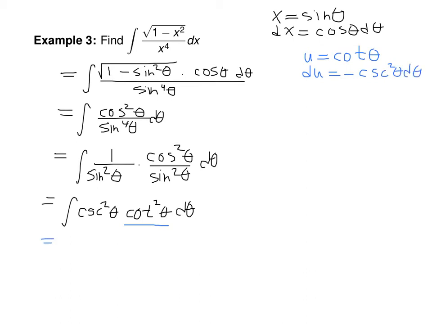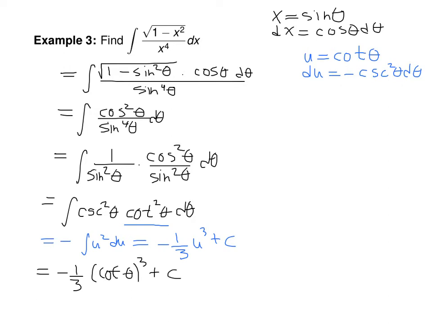So this can become negative the integral u squared du, which is negative 1/3 u to the third plus c, or subbing back in my u, negative 1/3 cotangent of theta to the third power plus c. And now what we have to do is change those cotangents back into x's. So the original substitution said that x was equal to sine of theta, so sine theta equals x over 1.